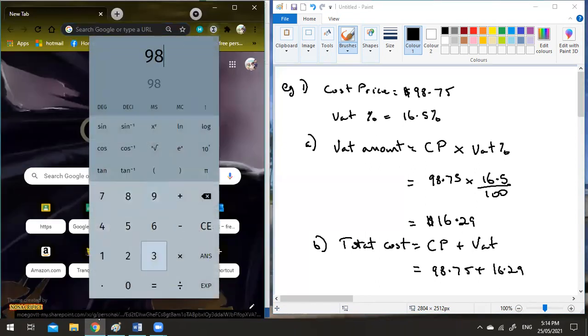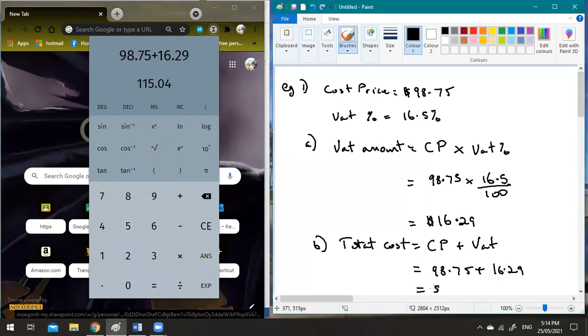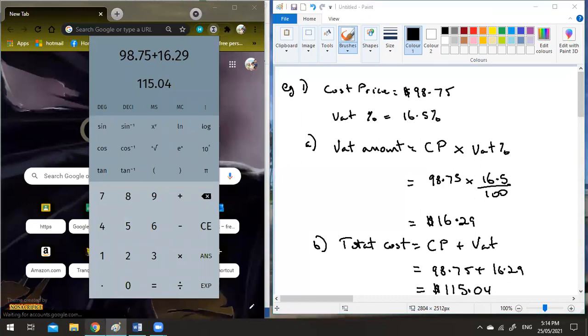So the total cost of the soap would have been $115.04 after tax.